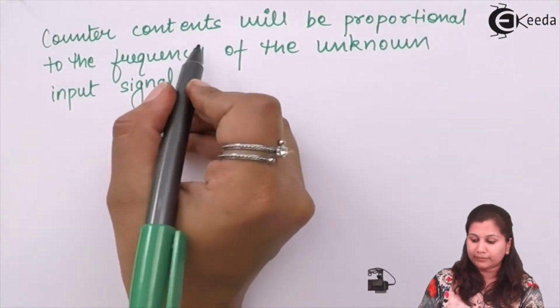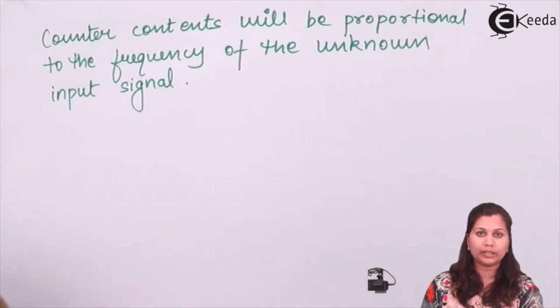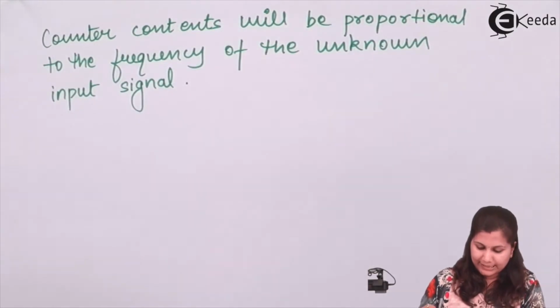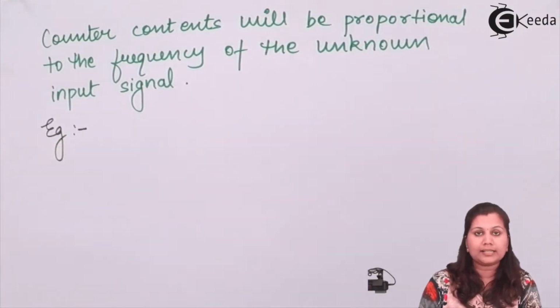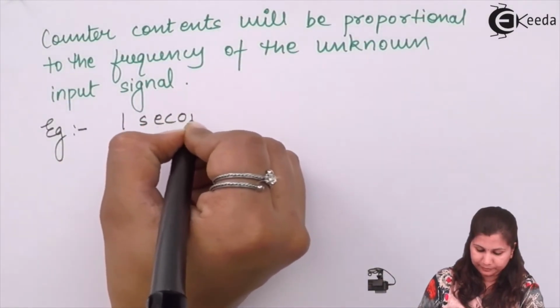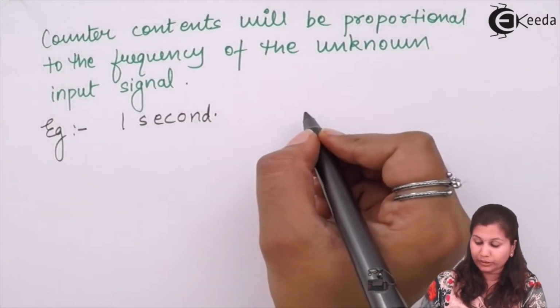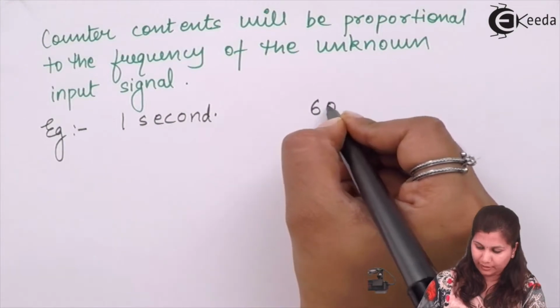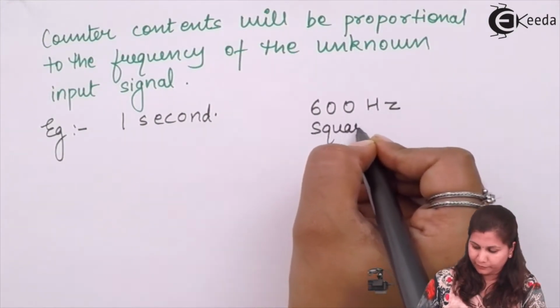Okay, so the contents of the counter will be proportional to the frequency of the unknown input signal. Let's take an example. Suppose that the gate enable signal is for 1 second, and the unknown input signal is of 600 hertz and it is a square wave.